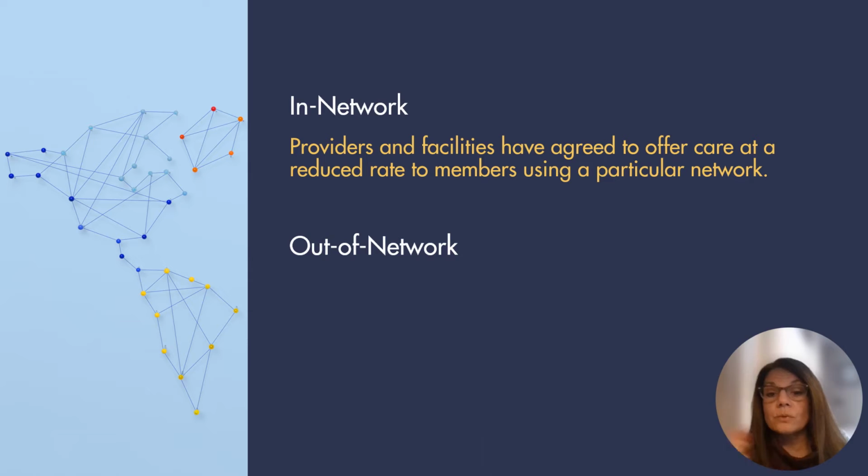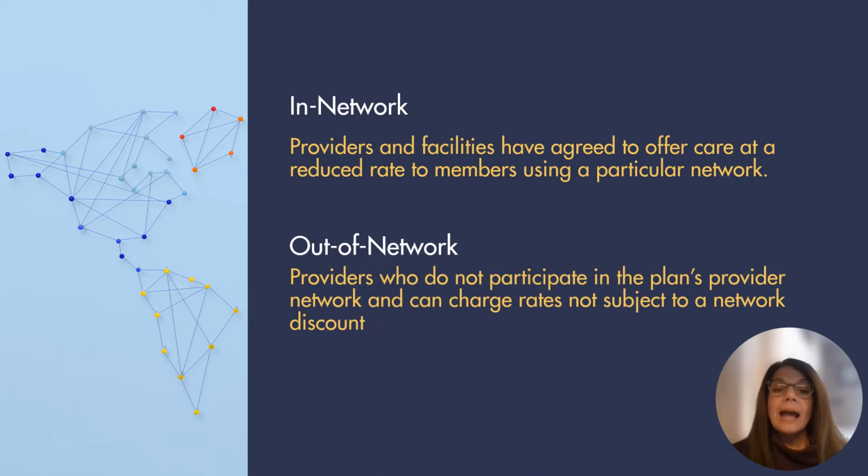And that rate will save the member money when they go to pay for those services. Out of network are providers who are not in that contracted network, and they are not responsible to only charge the member this negotiated rate. So they can bill full charges, or they can bill a variation of that amount for cash paying customers.